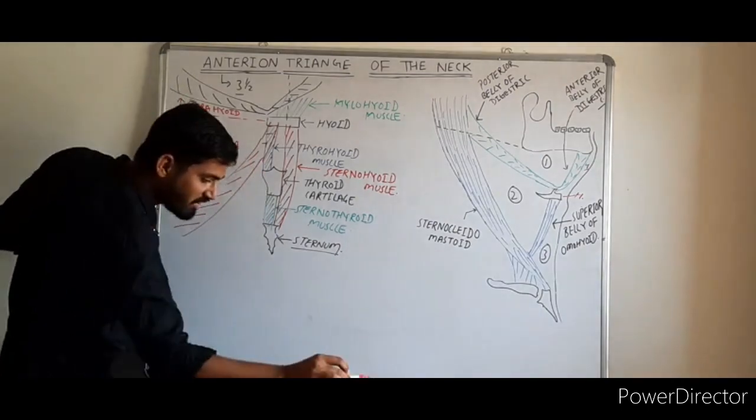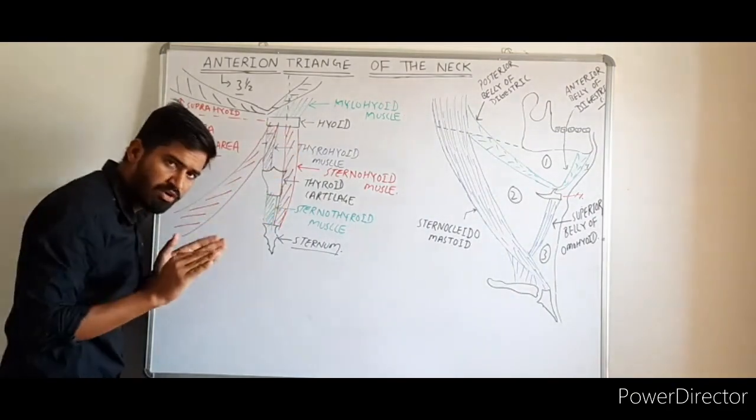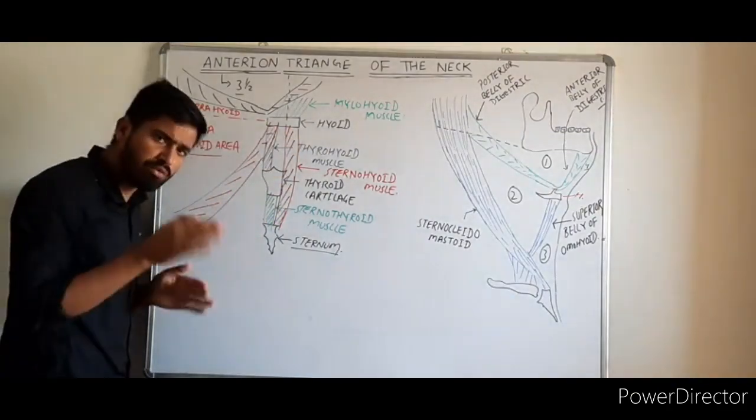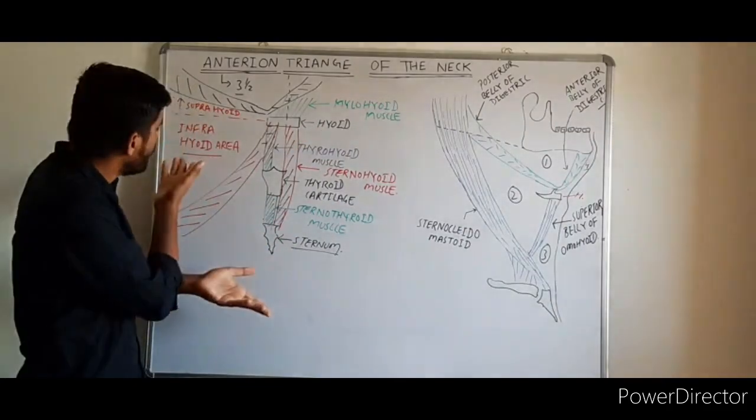We have to understand one thing: the infrahyoid area and the suprahyoid area. Below the hyoid is the infrahyoid area. It means everything present below the hyoid bone is the infrahyoid area.